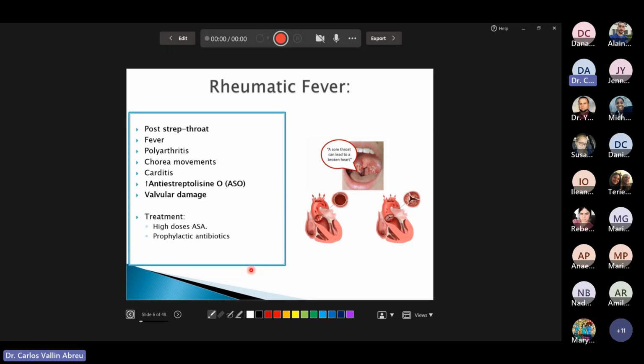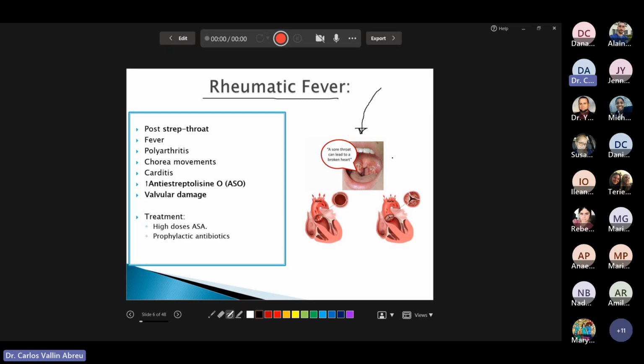In this case, we know that the trigger of this wrongly aimed immunity is a streptococcus infection in the throat. So this is the famous strep throat.